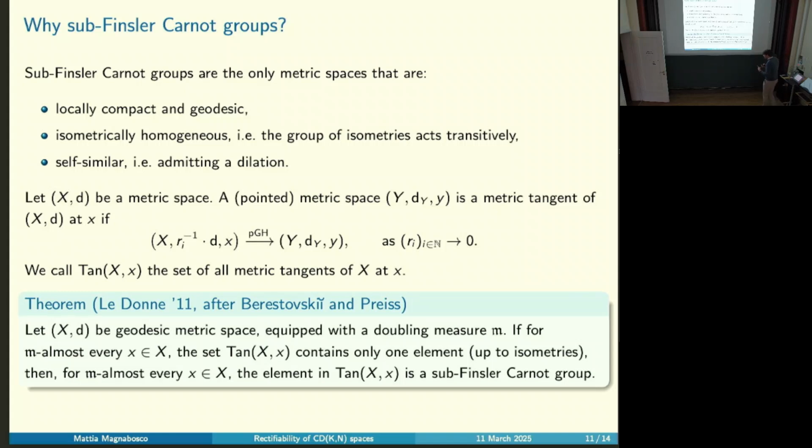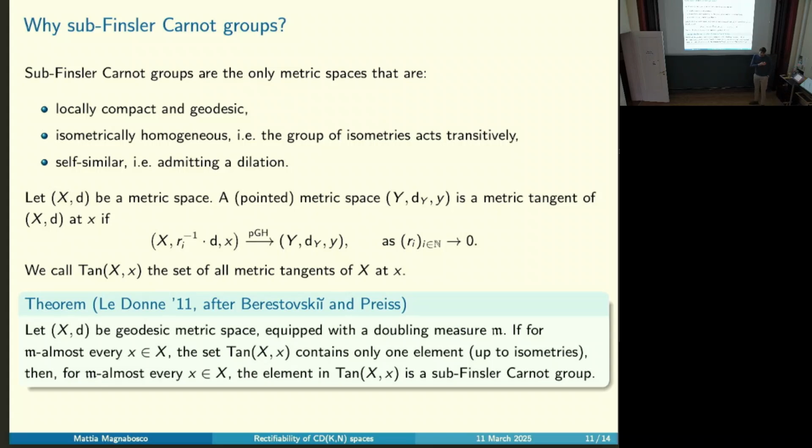Now, once again, the pointed Gromov-Hausdorff convergence is a very natural convergence for metric spaces, which is the metrical adaptation of the Hausdorff convergence. What happens here is that you take your metric space and fix a point, and then around that point you zoom in further and further, and you say that you converge to something with respect to this convergence, and you call this something a metric tangent of the metric space at that point.